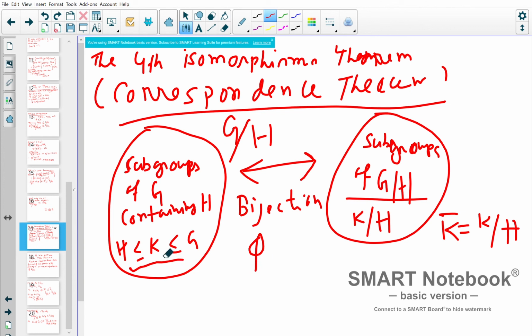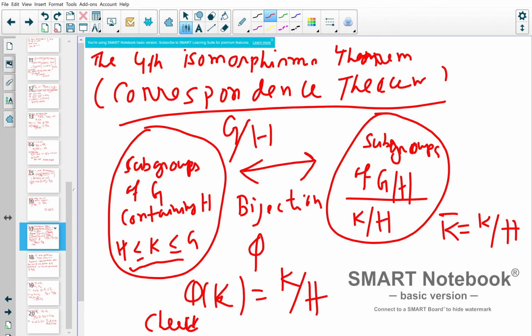So you choose any K from here. K is of this form, K contains H. Phi of K you define as K over H, and you check that this is a well defined map and this is a one-to-one onto map. The proofs are simple, so you need to check that phi is a bijection.